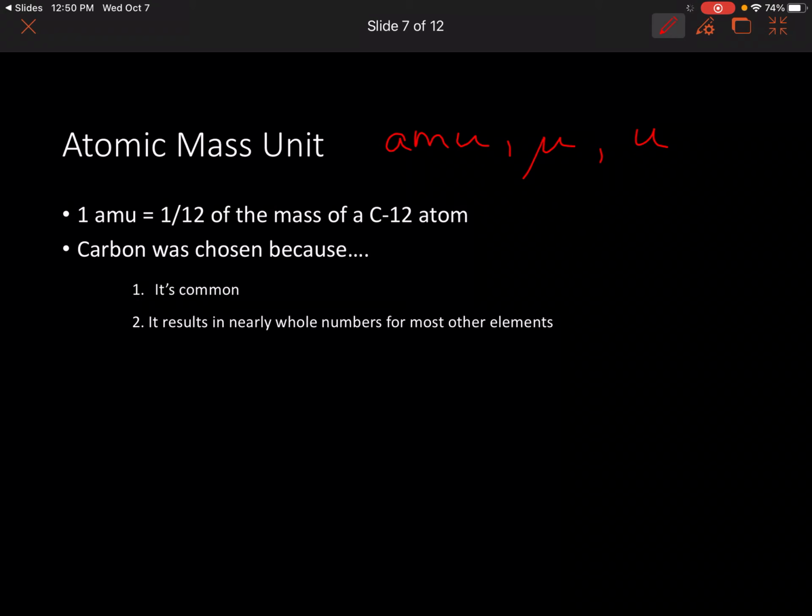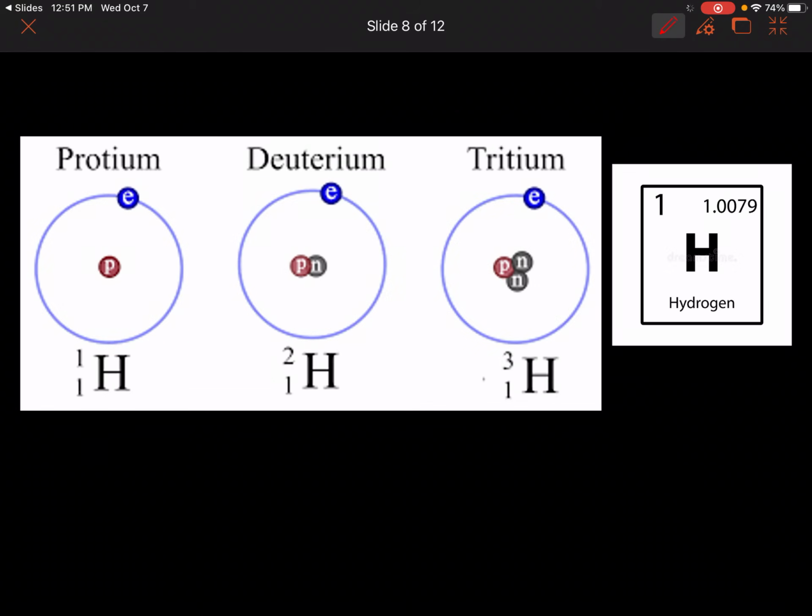If you check your periodic table, you will see that most of the masses are pretty close to a whole number. The odd one isn't, but they're pretty close to whole numbers. And number 3, it results in the lightest element, which is hydrogen, having a mass of 1 atomic mass unit. So we like that as humans. We want our numbering to start at number 1. Okay, so those 3 reasons are why carbon was chosen.